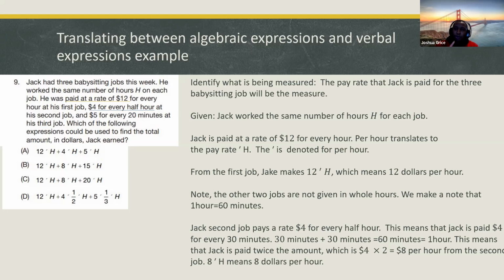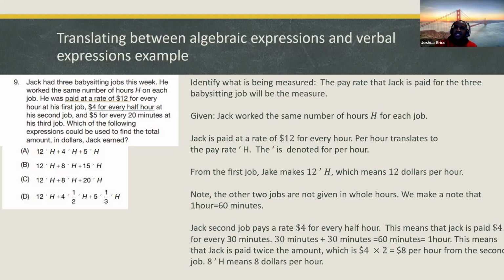So just recall 1 hour is equivalent to 60 minutes. Note that Jake's second job pays $4 for every half hour. So 60 divided by 2, taking half, means Jake is paid $4 for every 30 minutes.